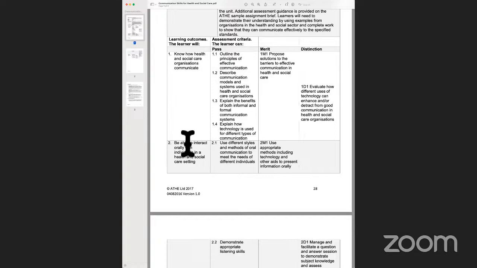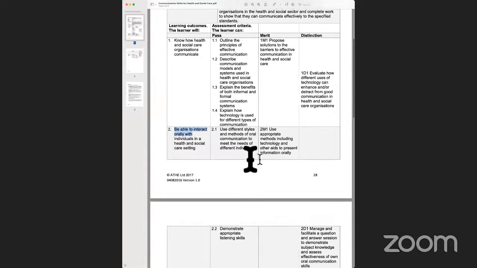Now, in Learning Outcome 2, as it says, be able to, that means we have to practically do it. So be able to interact orally with individuals in a health and social care setting. There are two assessment criteria: one, looking at different styles and methods of oral communication to meet individual needs, and the second, demonstrate appropriate listening skills.